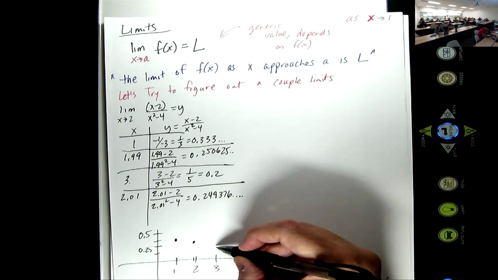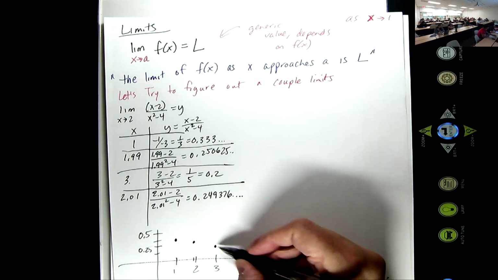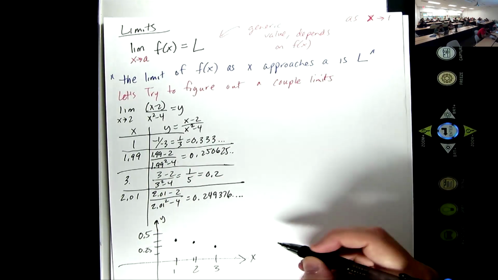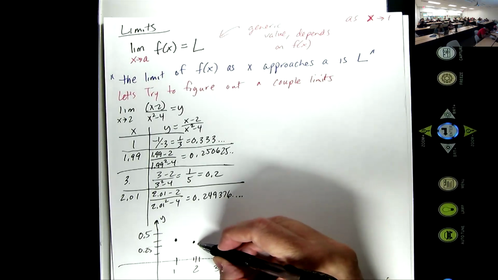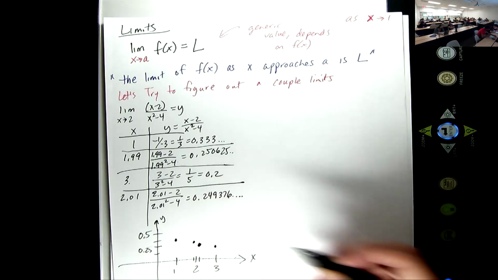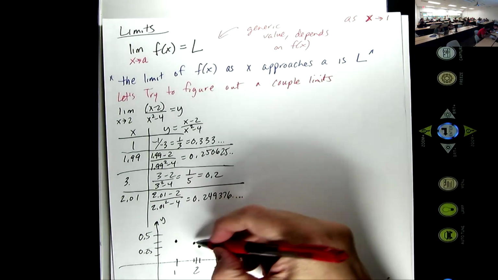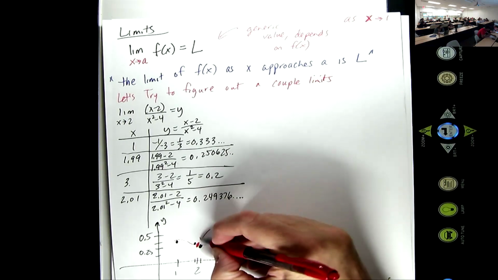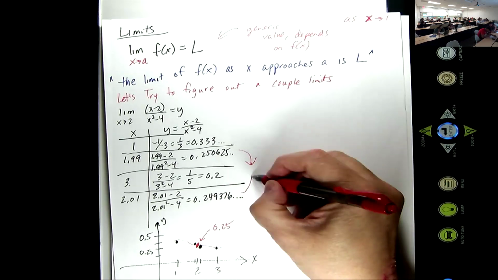When X was 3, it was 0.2. These are the Y values I'm putting right now. And if it had 2.01, it was right below 0.25. So maybe if they connect right there, that would be 0.25. These two are approaching 0.25.